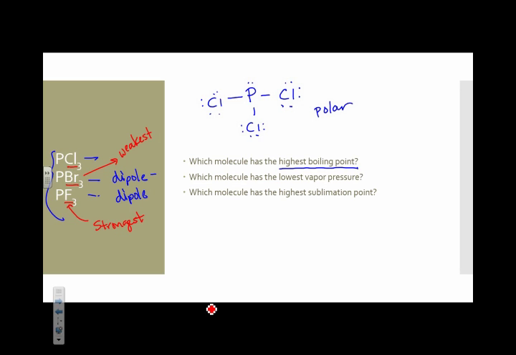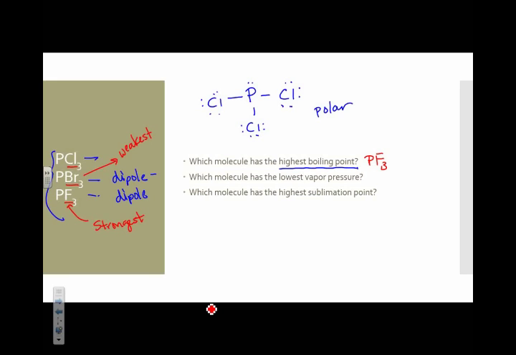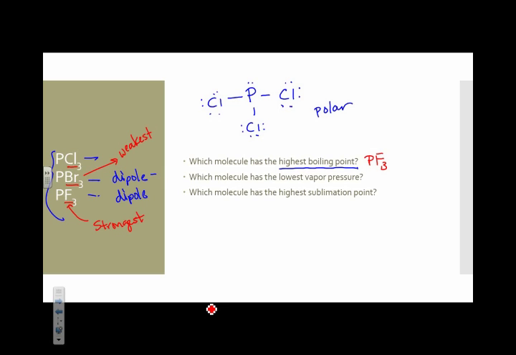So the highest boiling point then should be the molecule with the strongest intermolecular attractive forces, and that would be PF3. The lowest vapor pressure would be from the strongest intermolecular attractive forces, because remember our discussion of vapor pressure, we have liquid.